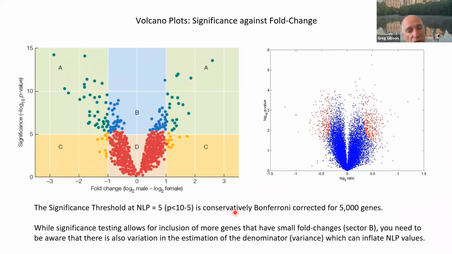What I wanted to say now is that significance testing allows you to include genes in sector B. But what Gary pointed out was that there is a lot of variance in the denominator term in these analyses. All genes don't have the same variance, and the estimate of the variance itself is subject to sampling bias.